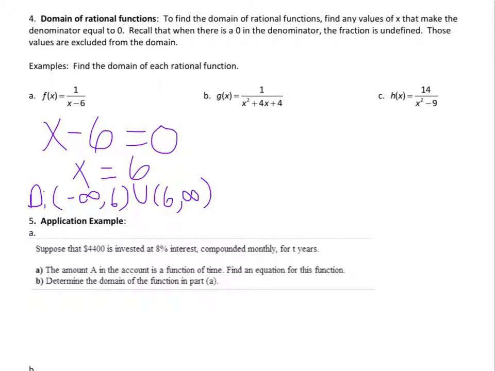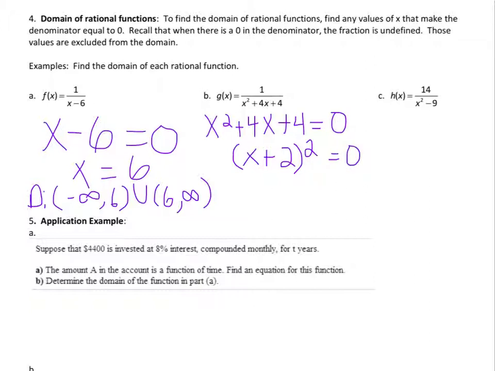All right, part B, if I take x squared plus 4x plus 4, set it equal to 0. Well, this is a nice factorable one. It's just x plus 2 squared.